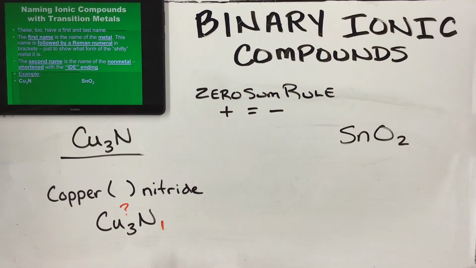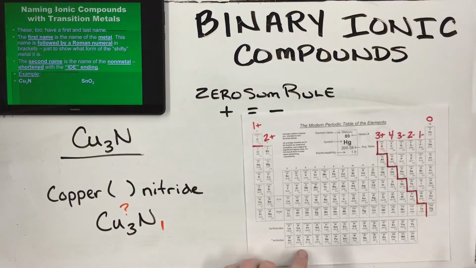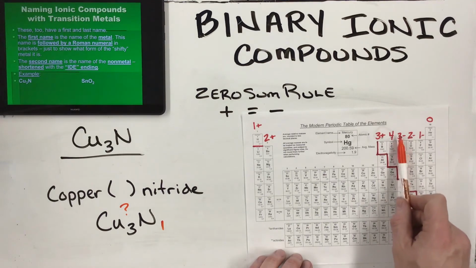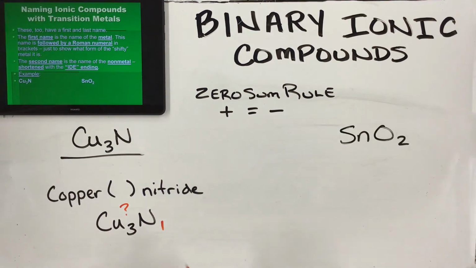Now, I know the charge on nitrogen, right? Remember this, 1, 2, 3, 4, 3, 2, 1, 0. These are the ionic charges that we worked out earlier in the year. And here's nitrogen right there. It's a 3. So I'm going to put that 3 up here. It's a 3 minus. Now I multiply this side. 1 times 3 minus is 3 minus.